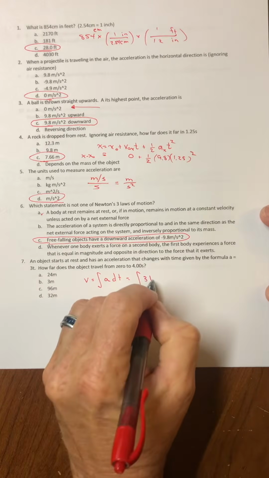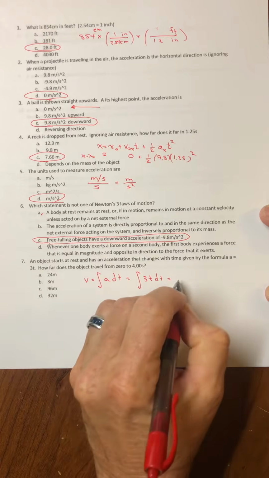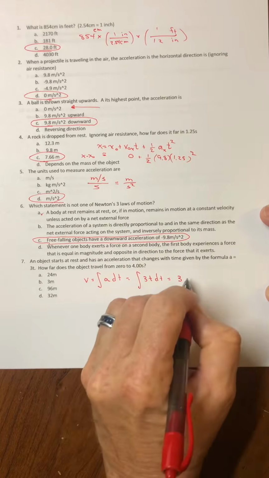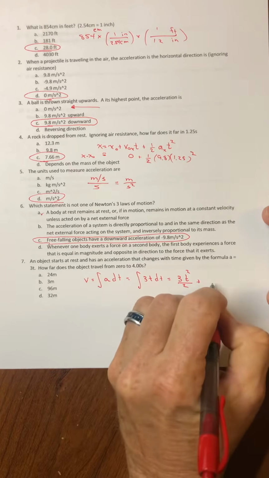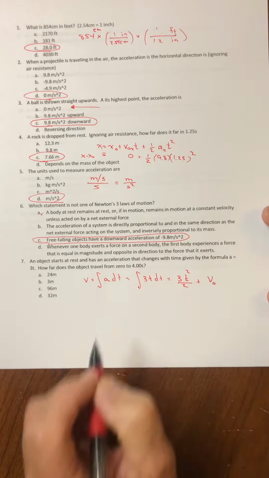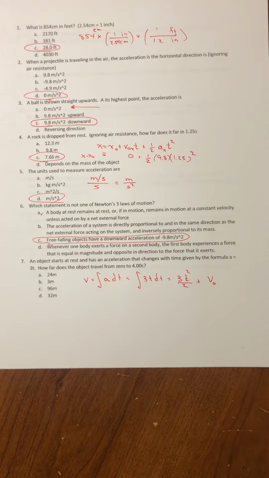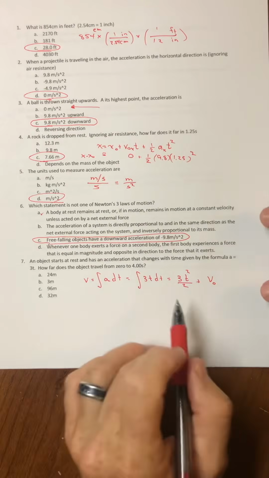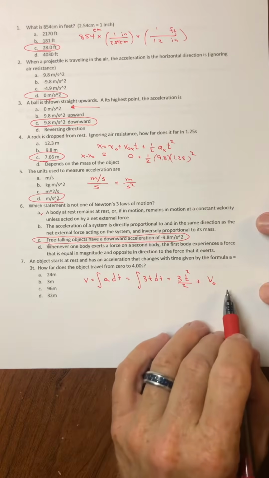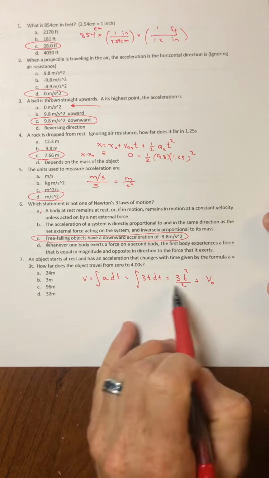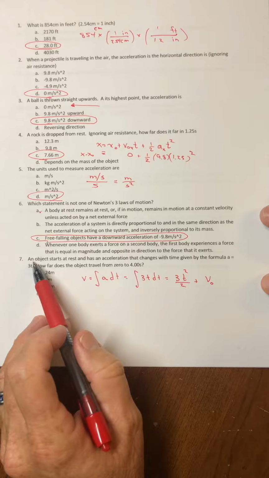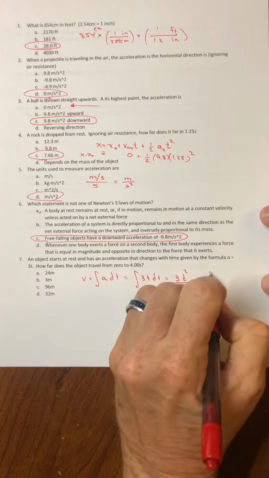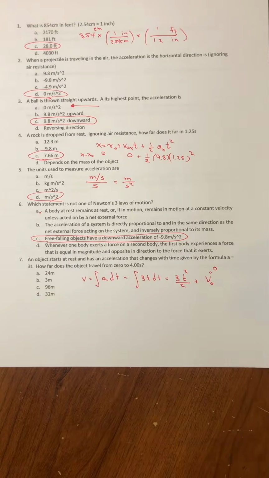So if we put in 3t dt, we would get the 3 as a constant and then t squared over 2. And then you might argue that there'd be a constant of integration. But we can also interpret that as the initial velocity as we read the equation here. Then we can also read in the sentence it says an object starts at rest, so we give it a 0.